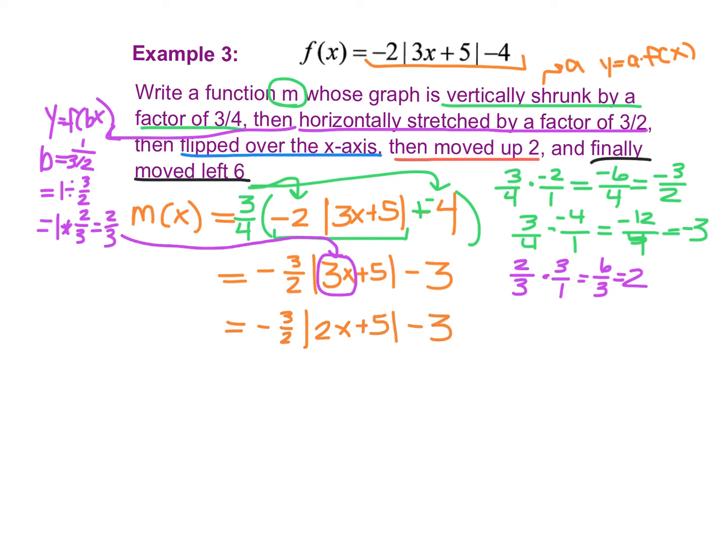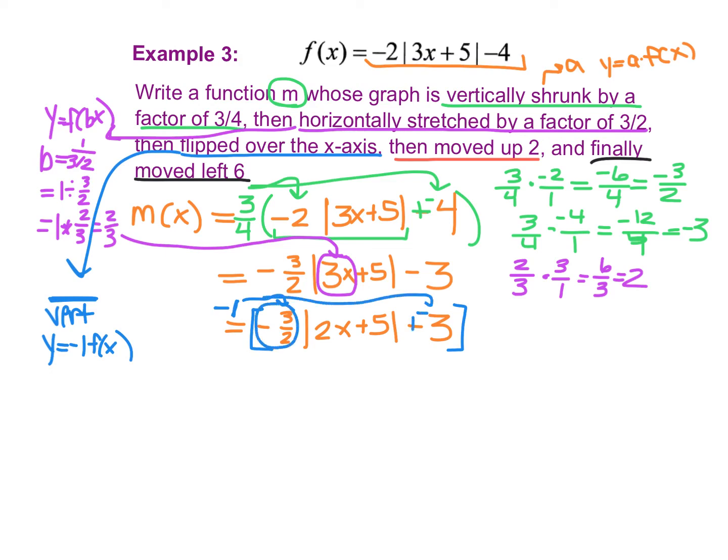Now the next step here says we're going to flip it over the x-axis. I'm going to make some notes here. So that means I'm flipping it over this line, which means it's a vertical flip, which means I'm going to multiply the entire function by -1. So essentially what I'm going to do is I'm going to take this whole function and I'm going to multiply it by -1, which means I'm going to multiply this coefficient here by -1, and then I'm going to utilize keep change to make sure I don't make an error and multiply this number here by a -1.